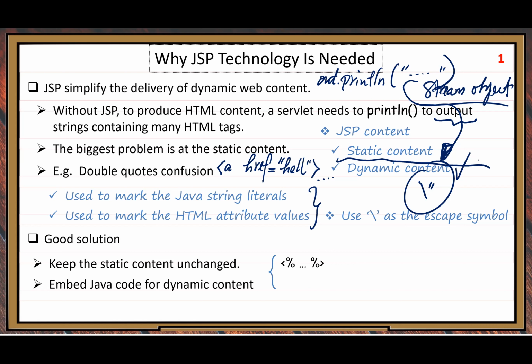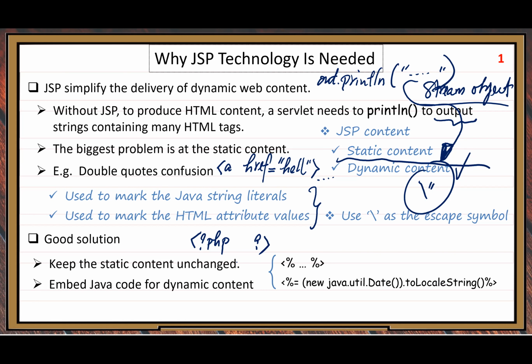If we recall the PHP way, arrow bracket, question mark, PHP, that's the opening tag, and the closing is a question mark and closing arrow bracket. So it is similar to the PHP one, but this is the Java one.